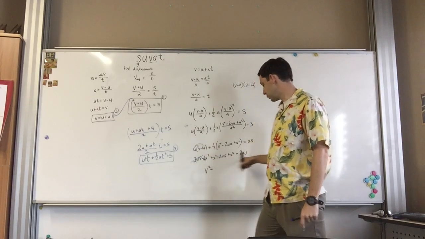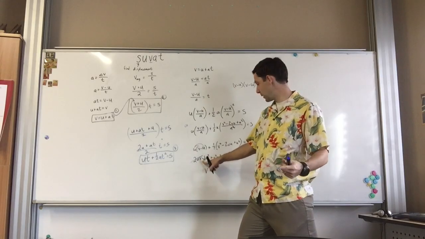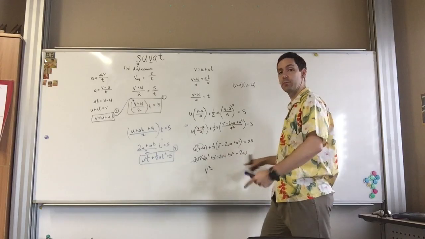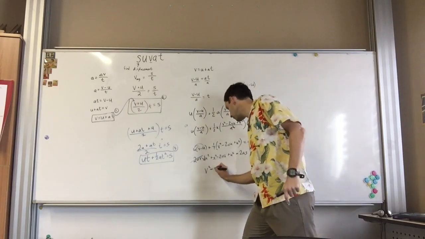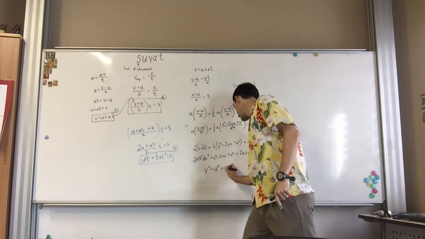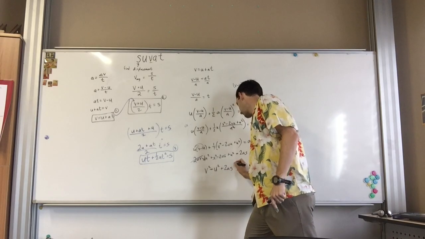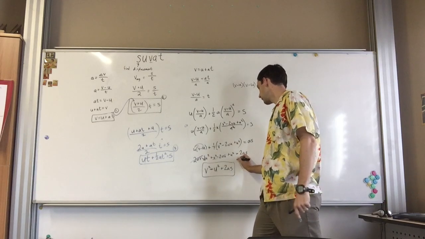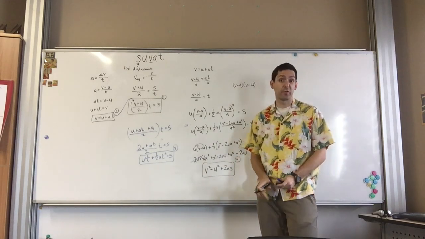So that's a negative 2u squared. This is a positive u squared, which leaves me a negative 1 on this side. When I move it to the other side, it will be a positive u squared plus 2as. And so that right there is our fourth kinematic or SUVAT equation.